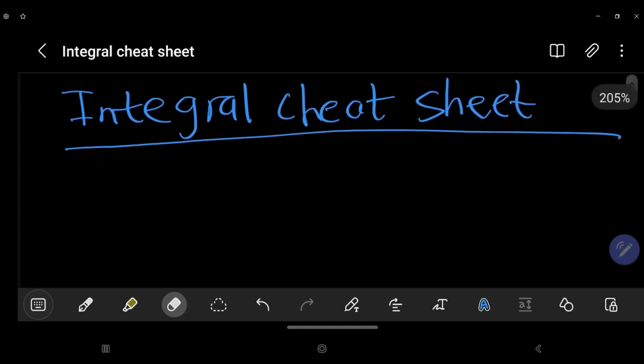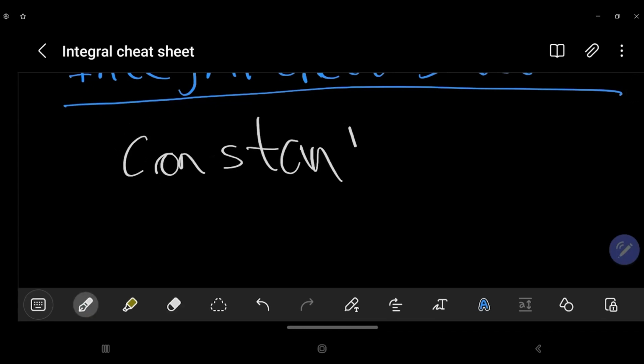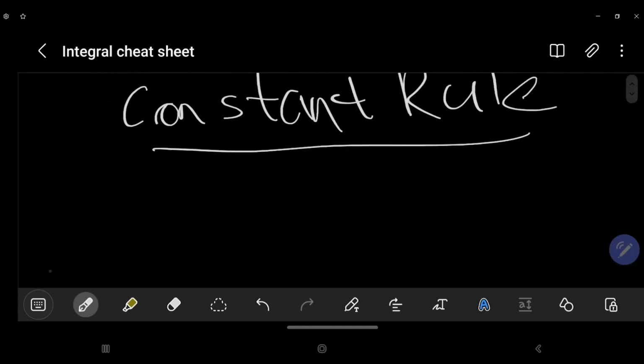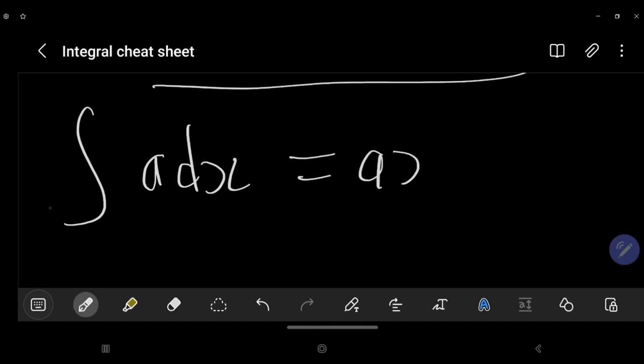The first integral rule or property we're going to look at is called the constant rule. This rule basically says if you have the integral of a, which is a constant, dx, this is basically equal to ax plus c.